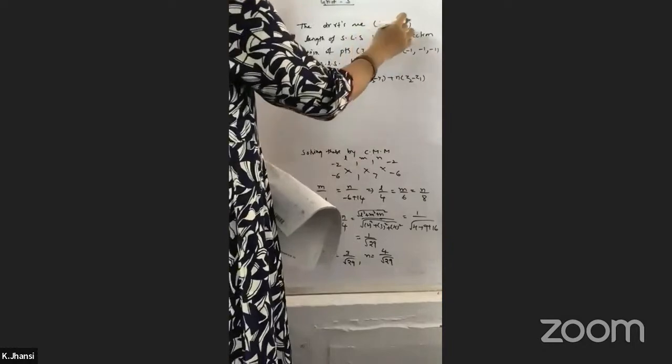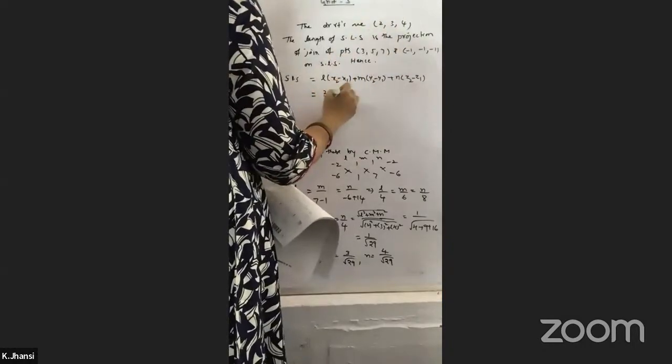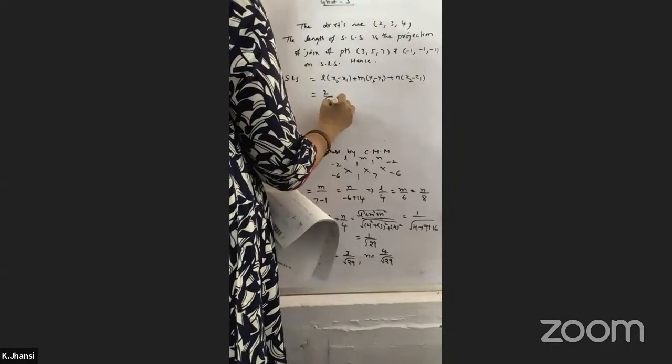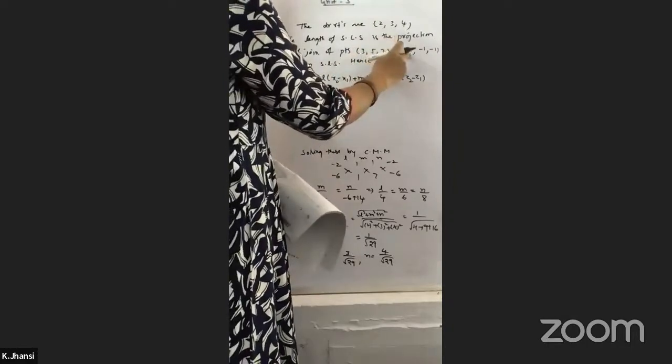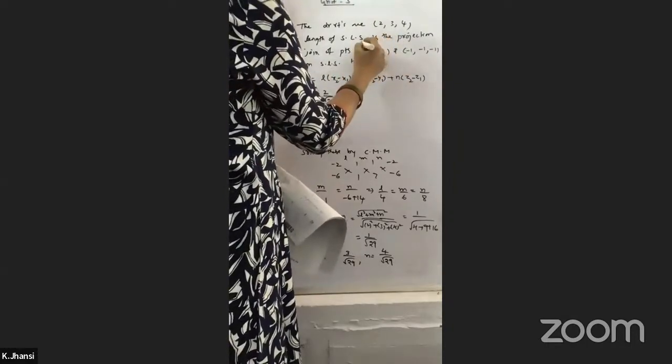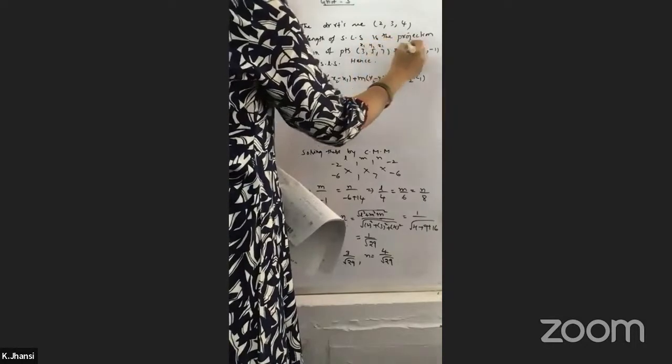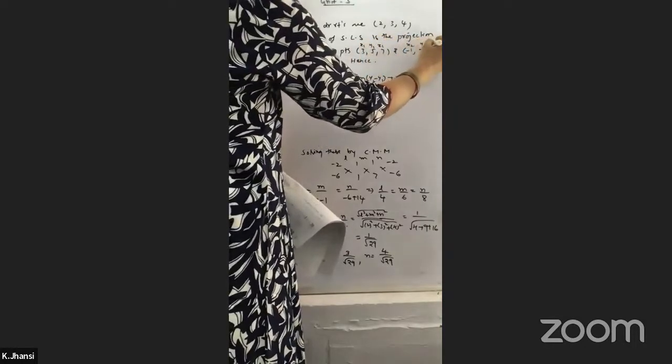So here the element values are these. First one is 2 by root 29, and here this is x1, y1, z1 and this is x2, y2, z2.